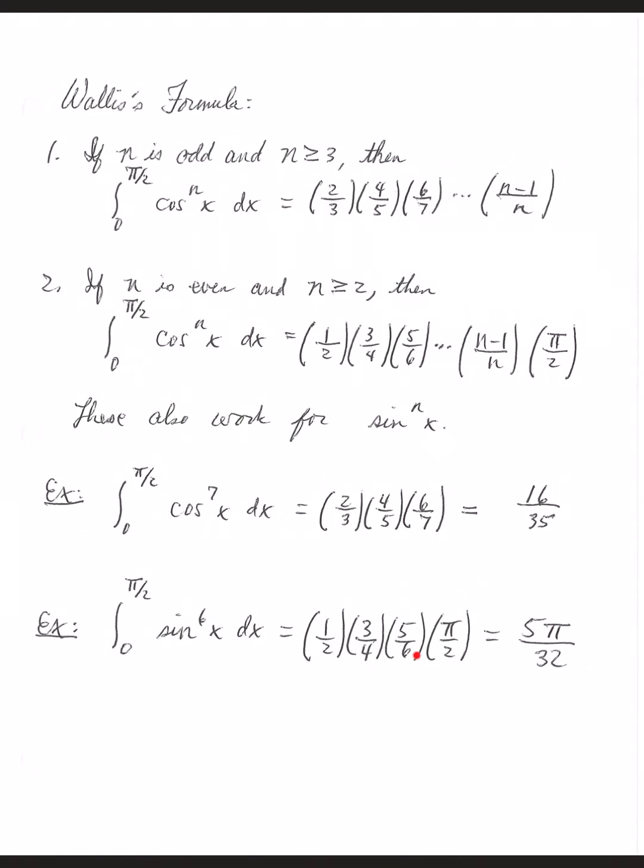We reached our number 6, so we quit expanding. And now the even one has a pi over 2 multiplier. The first one does not. The product of these three fractions is 5/16 times pi over 2 is 5 pi over 32.